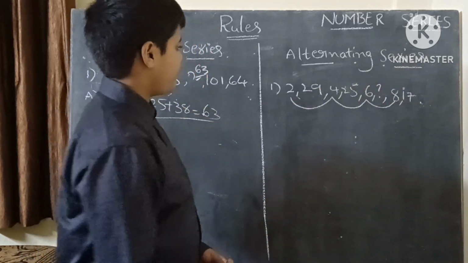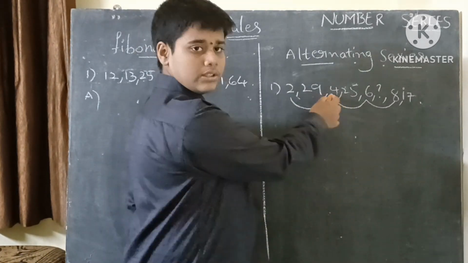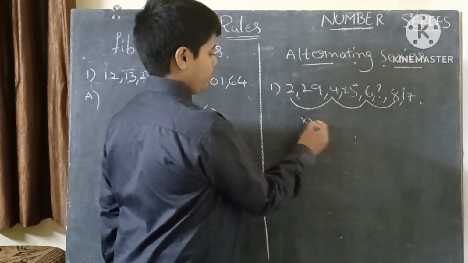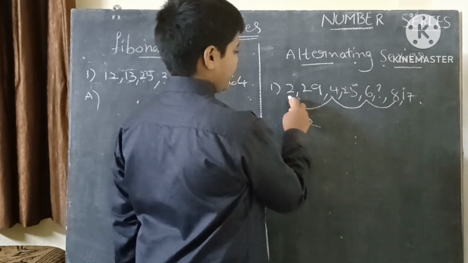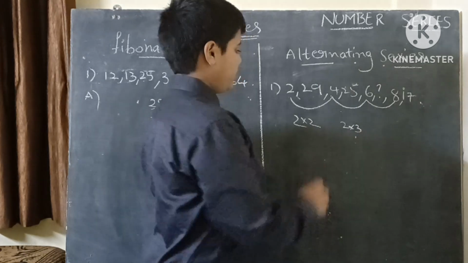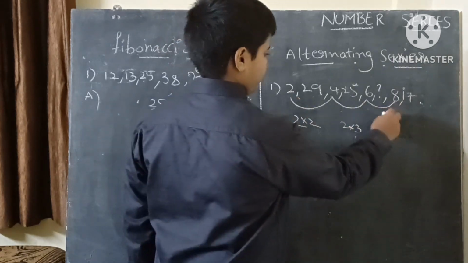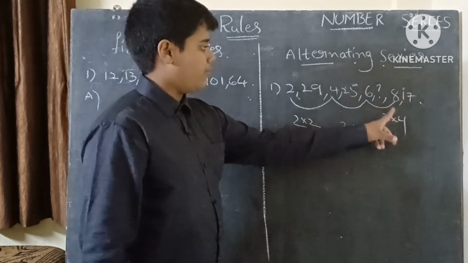Okay. So if you see here, 2 into 2, 4, and here 6 means 2 into 3, and 8 means 2 into 4.